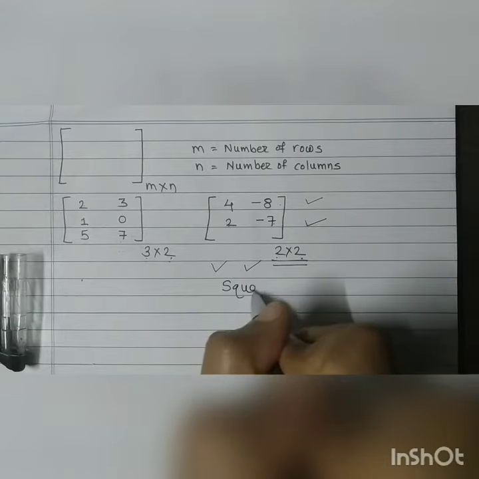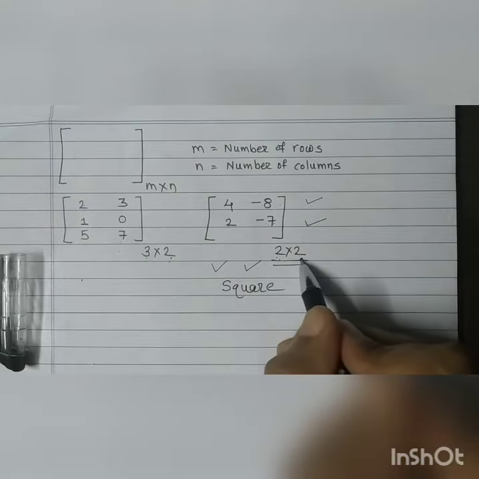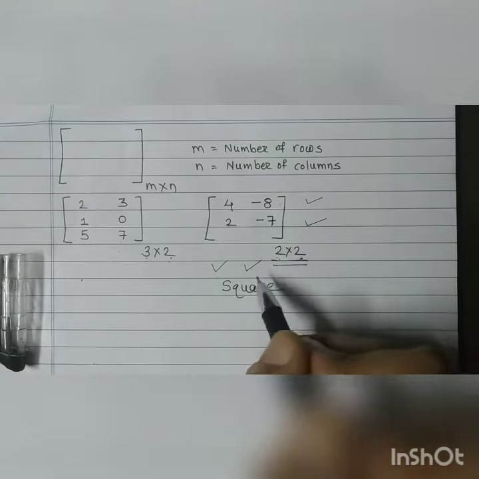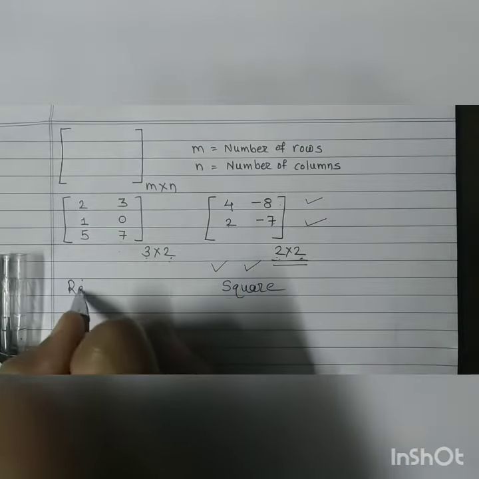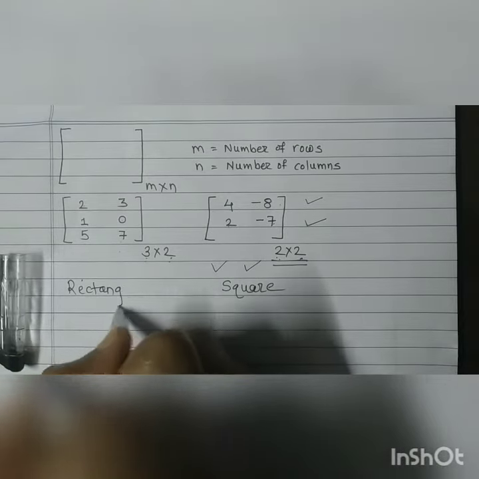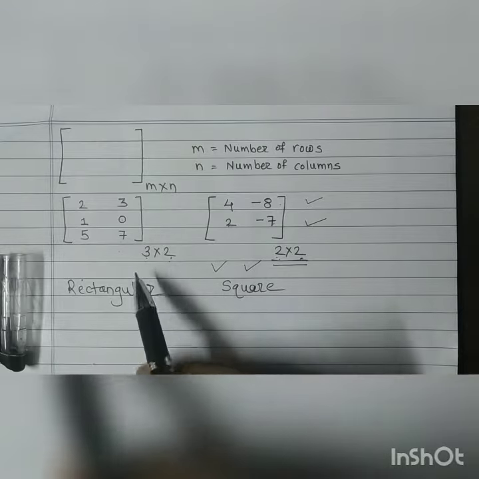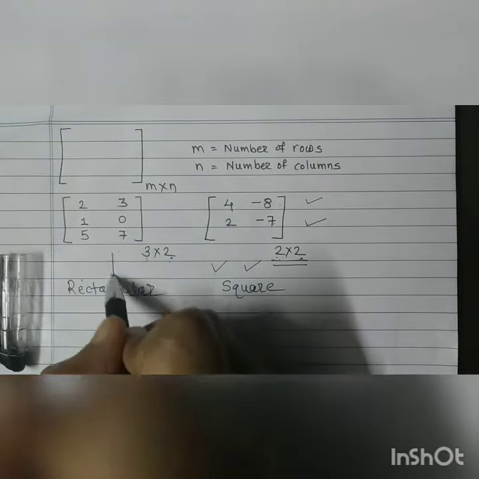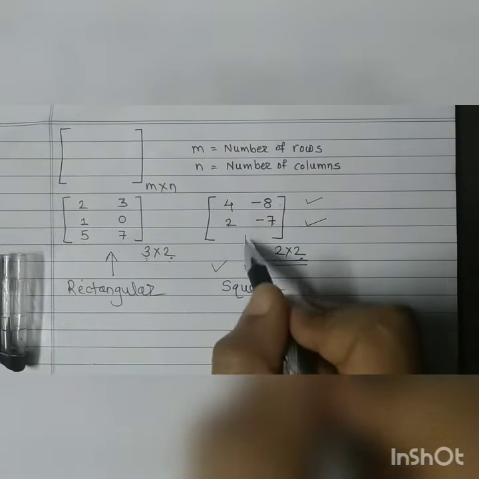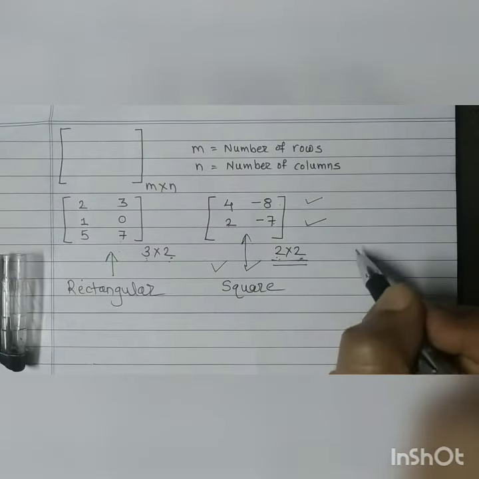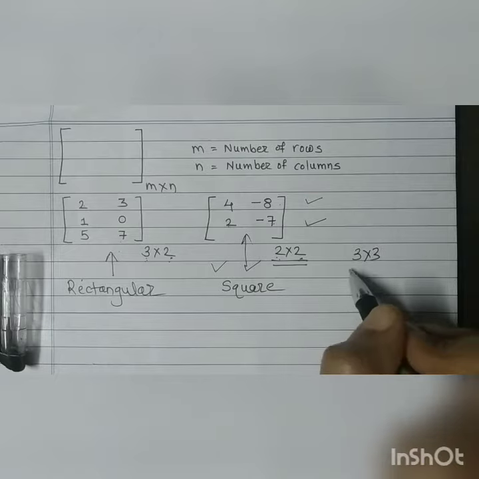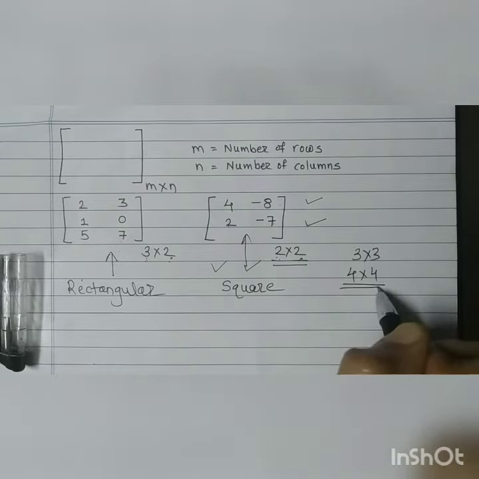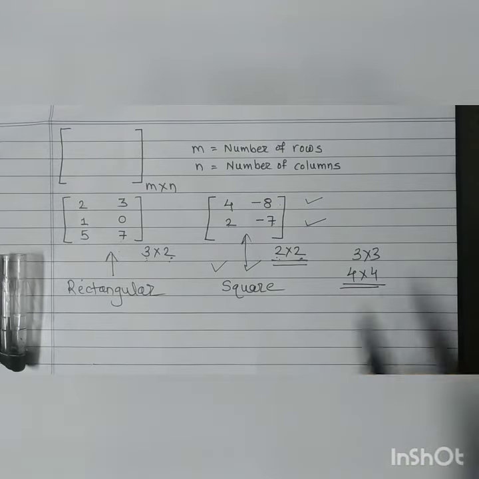One is the square matrix, where the number of rows and columns are exactly equal, and another is the rectangular matrix, where the number of rows is not equal to the number of columns. So this is an example of a rectangular matrix and this is an example of a square matrix. Similarly we can have a 3 by 3 matrix, a 4 by 4 matrix. In a 4 by 4 matrix there will be 4 rows and 4 columns.